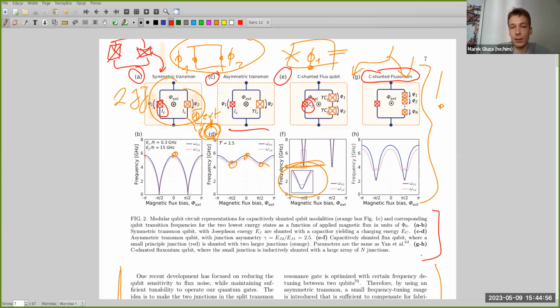Okay, then it turns out that those energies, so for a transmon, the anharmonicity is problematic. So you start making it asymmetric, splitting and making fluxoniums, and suddenly you have qubits which are less susceptible to noise.